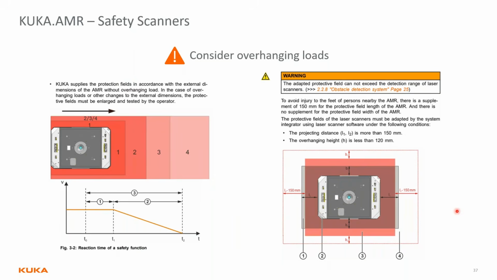If you put a top module that is bigger, then the safety fields are not valid anymore. So you want to make sure that you extend your safety fields by these parameters, but usually just by the extension of that top module. And there are more details in the manual than I can show here.